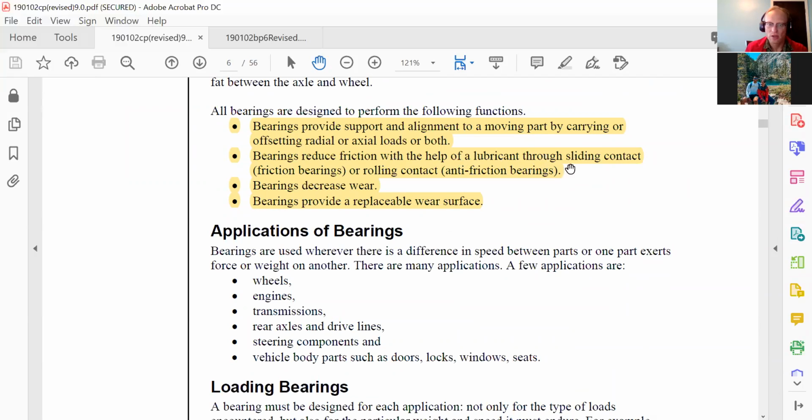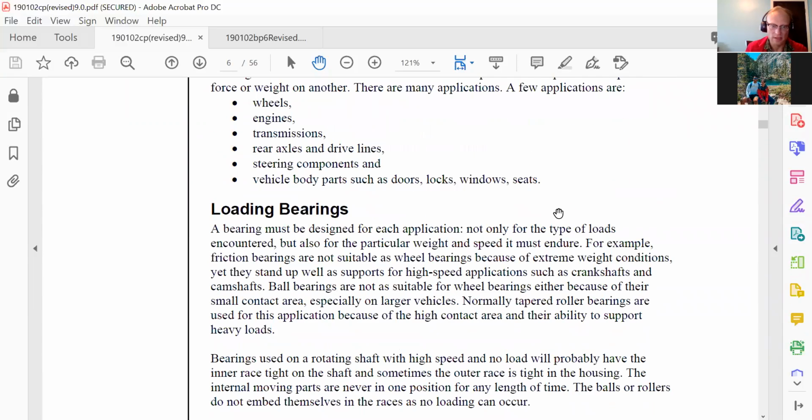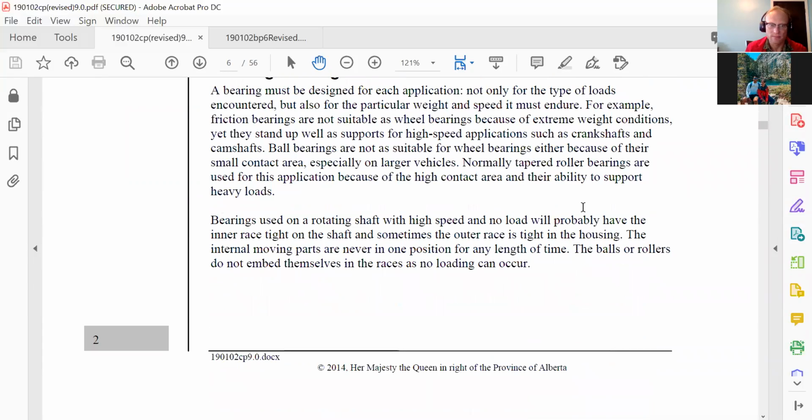They reduce friction with the help of lubricant through sliding contact, which is friction bearings, or rolling contact, anti-friction bearings. They decrease wear and provide something that you can replace. Where do we use them? All over the place. They're in all kinds of things.